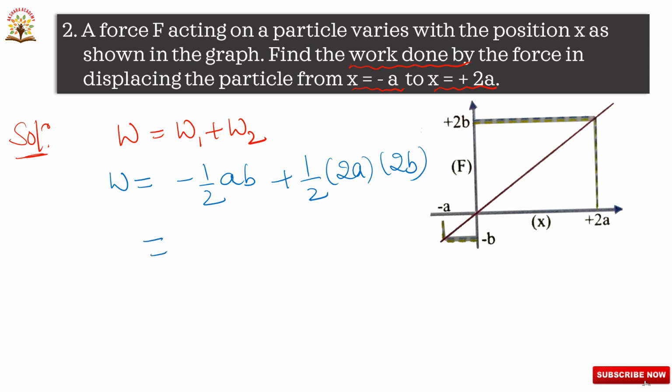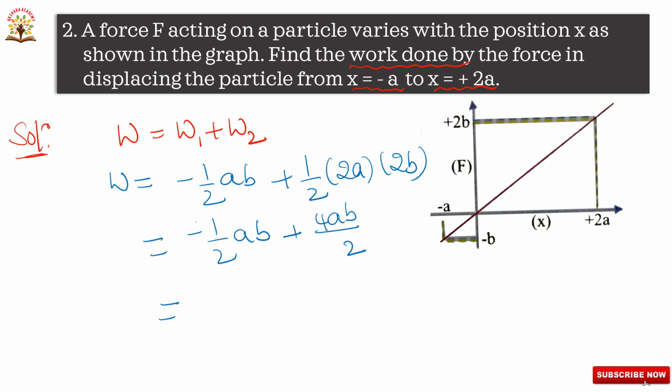So that is equals to minus half AB plus, the 2 cancels, or we can write it as 2 into 2a into 2b, 4ab by 2. So that is equals to minus ab by 2 plus 4ab by 2.